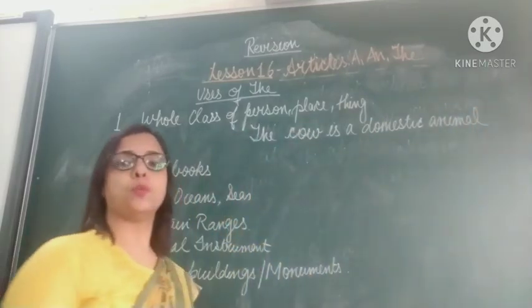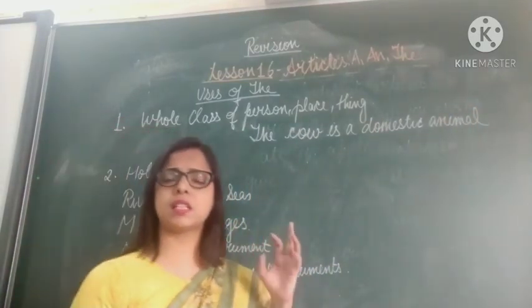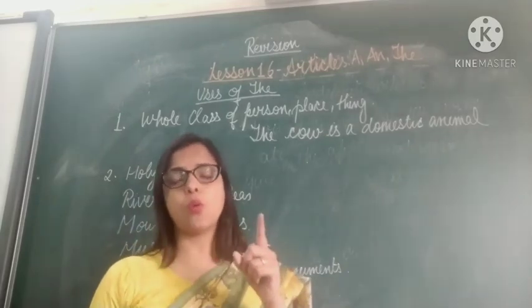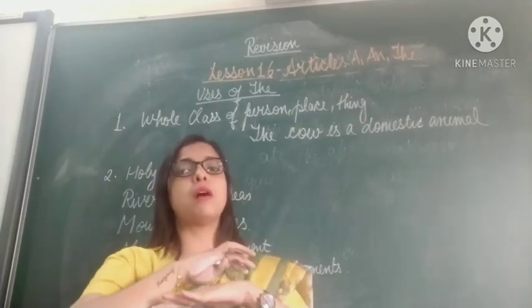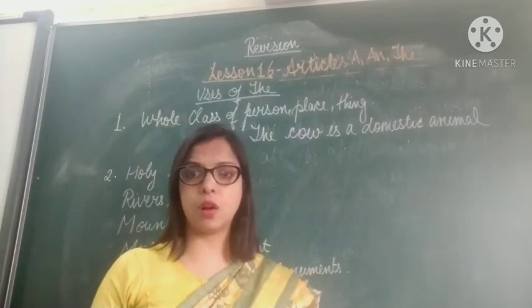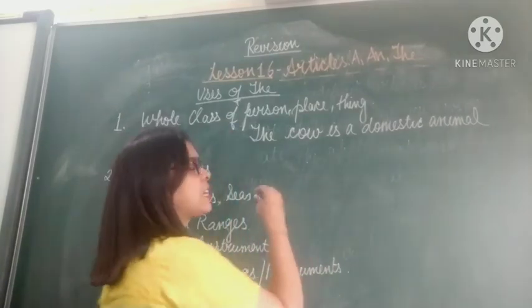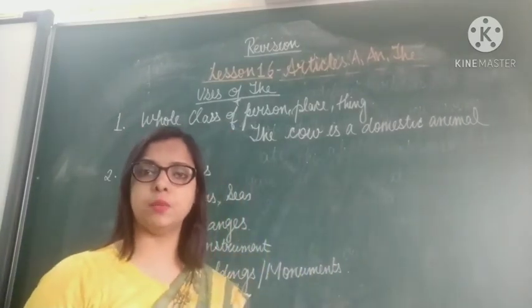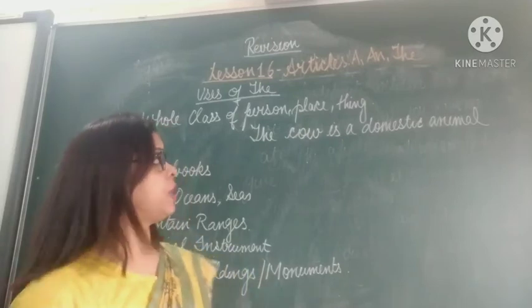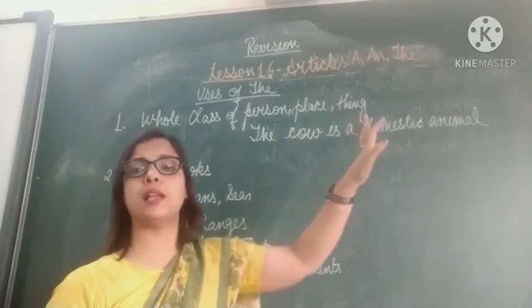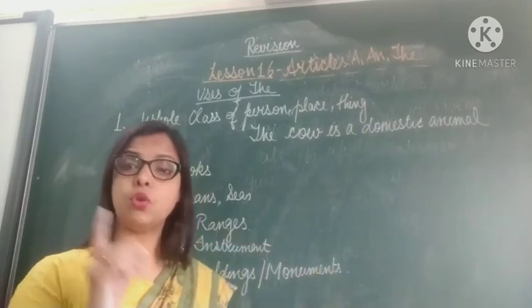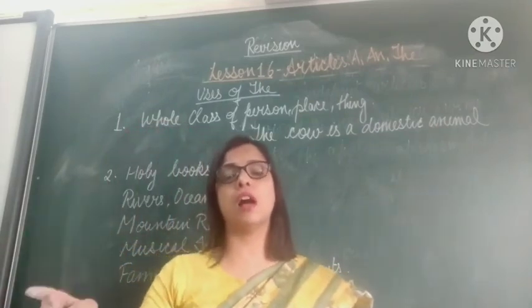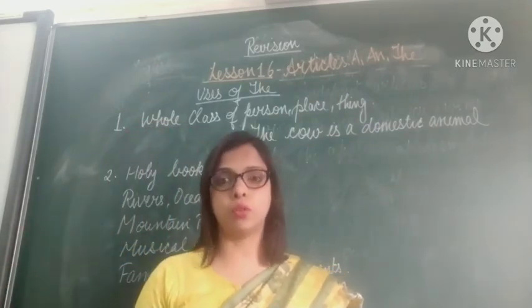In this case, cow doesn't mean only one cow I am talking about. I am talking about the whole class of cow. You can also write: cows are domestic animals. That is also correct. And "the cow is a domestic animal" is also correct. But don't write "the cows are domestic animal." That will be wrong.